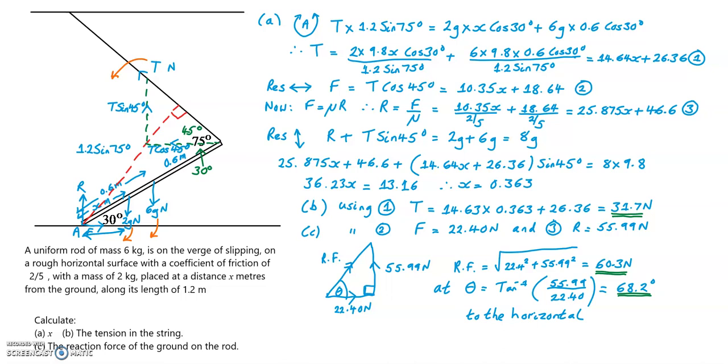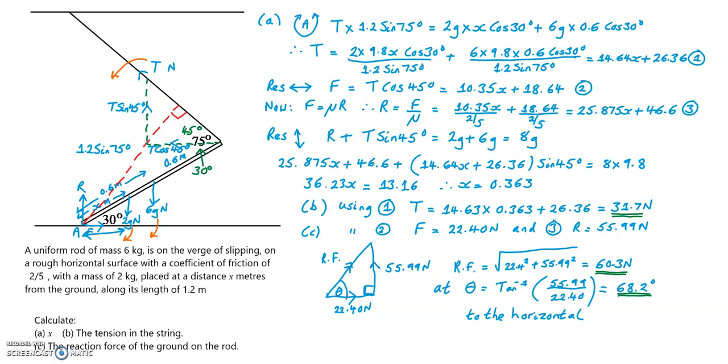Now, since the frictional force F equals mu R, where mu is the coefficient of friction, rearranging this equation gives the normal reaction R as equal to the frictional force divided by the coefficient of friction. So this is in fact the right hand side of equation 2 divided by the coefficient of friction 2/5, which gives the normal reaction in terms of x as 25.875x plus 46.6, and I have denoted this as equation 3.